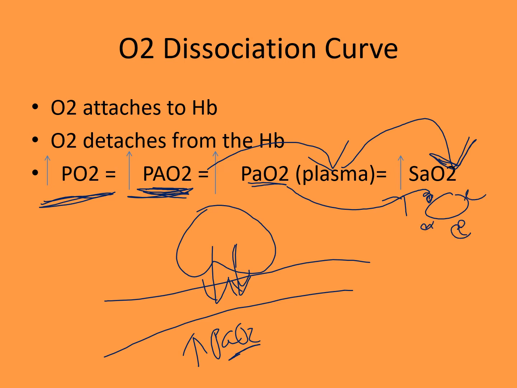Does that make sense? So the higher the PaO2, the more binding sites, the more my hemoglobin wants to carry oxygen. So hopefully that makes a little bit of sense there.